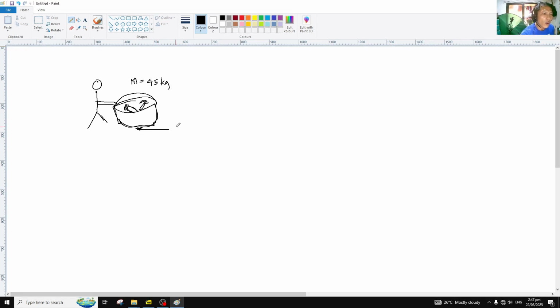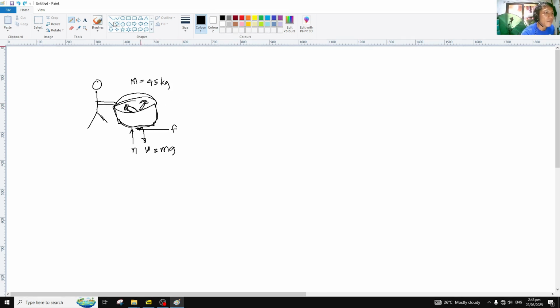So this is your F. Then you have of course your normal force, which we call N. And then you have also the weight of the crate, which is the mass multiplied by the acceleration due to the pull of gravity, W equals mg.